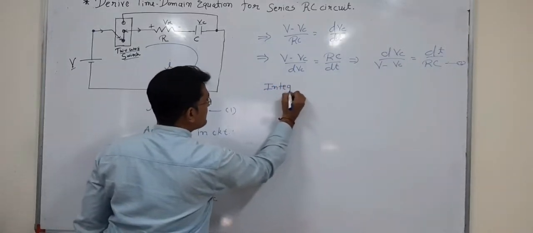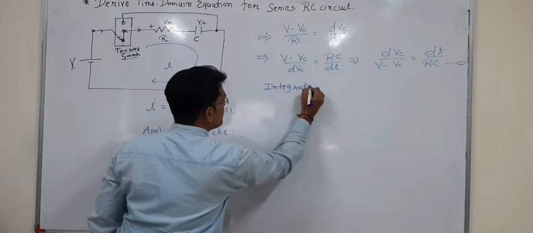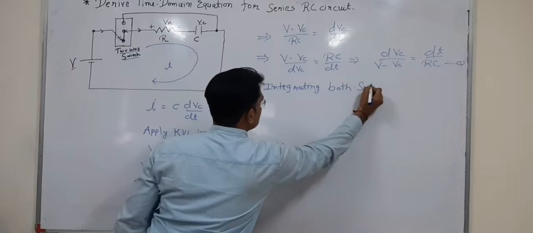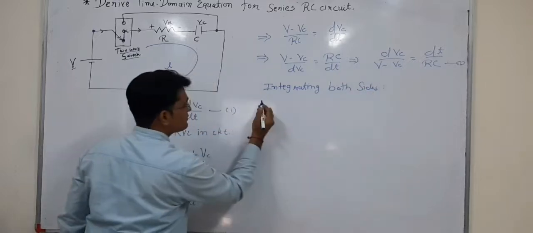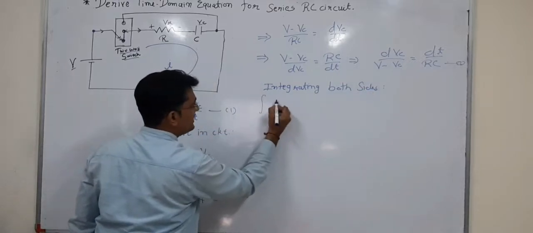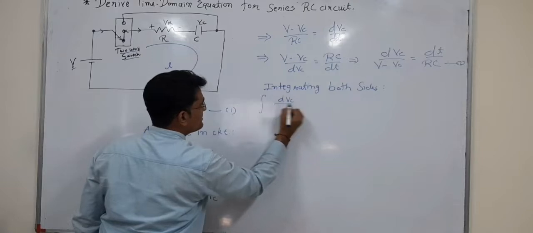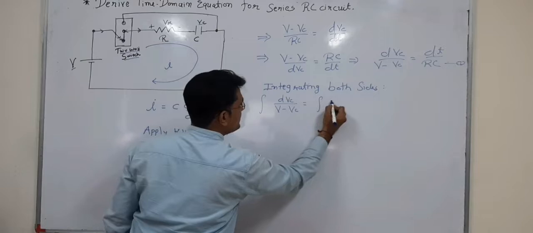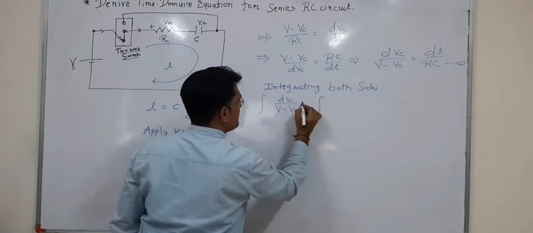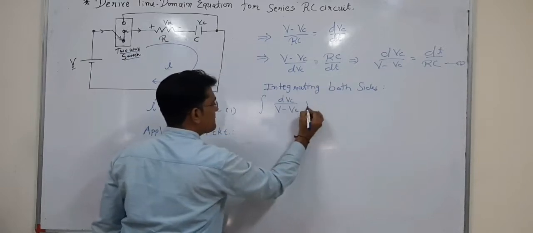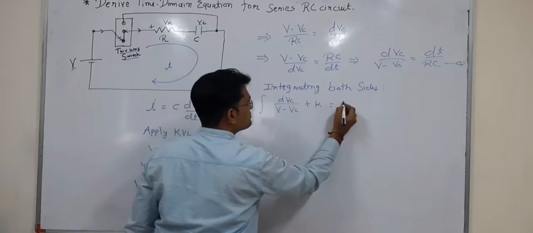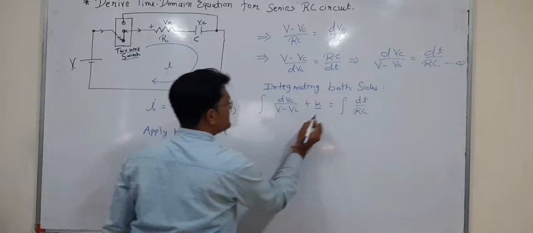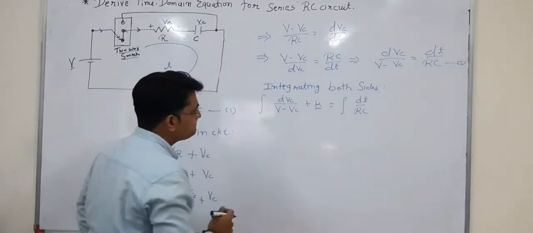Integrating both sides, we can write: integration of dVc upon (V minus Vc) plus k equals integration of dt by RC, where k is our integration constant.